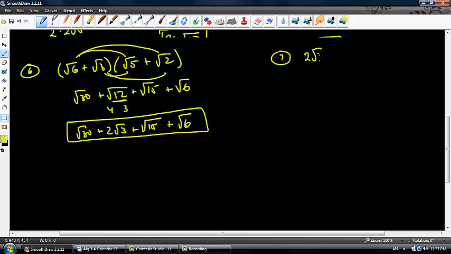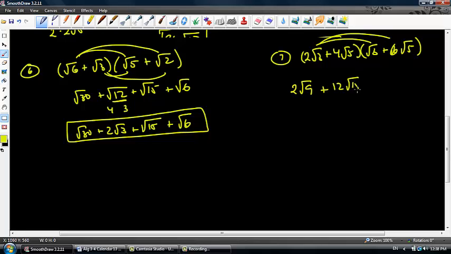Let's go 2 rad 3 plus 4 rad 5 times rad 3 plus 6 rad 5. Multiply that in. 2 rad 3 times rad 3 is 2 rad 9 plus 12 rad 15. This is a 3 plus 4 rad 15 plus 24 rad 25.